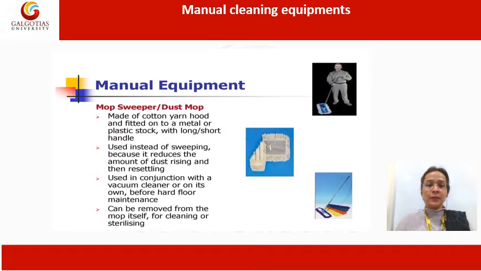It is used instead of sweeping because it reduces the amount of dust rising and then resettling. It is used in conjunction with the vacuum cleaner or on its own before hard floor maintenance. The head can be removed from the mop itself for cleaning or sterilizing.